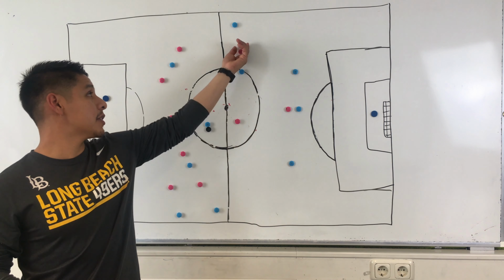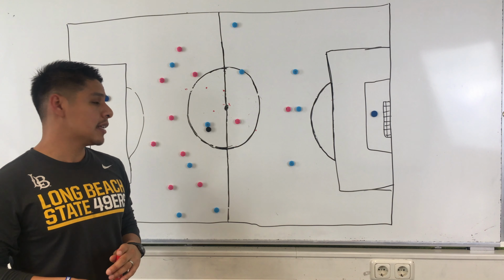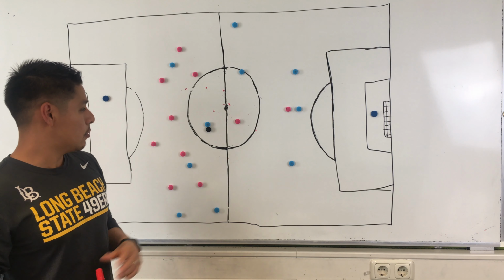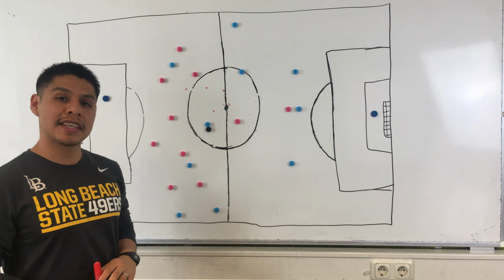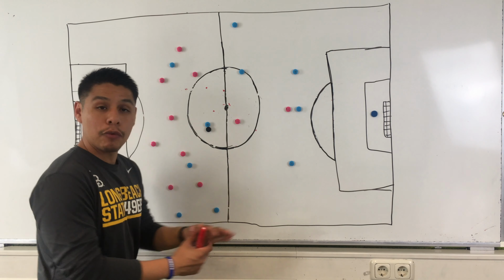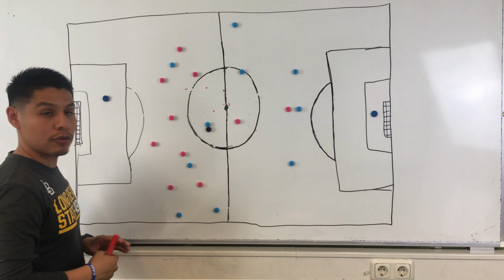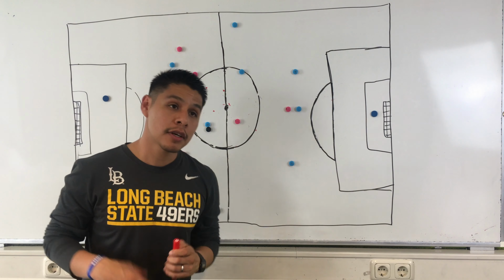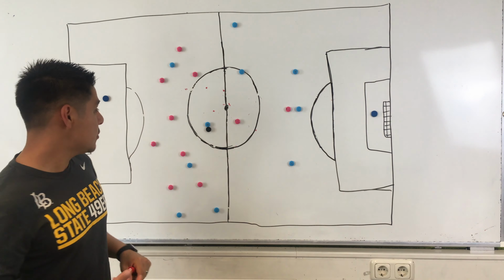Because here we have a number 10, and here we have the left attacker, so we would be able to take advantage of that space there. But again, that would be building through the outside, so through the wings, both on the left and the right. So that is definitely an advantage.